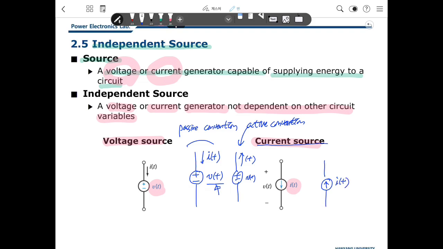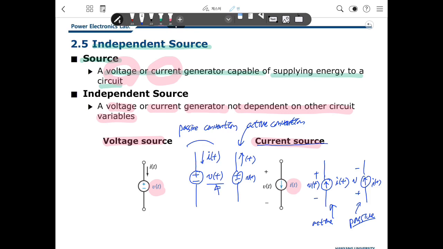Then we say this is a current source, especially an independent current source. And we can write the voltage direction, the polarity of the voltage here, this way. Then this is the active convention. And if we use the direction in this way, then this is the passive convention.